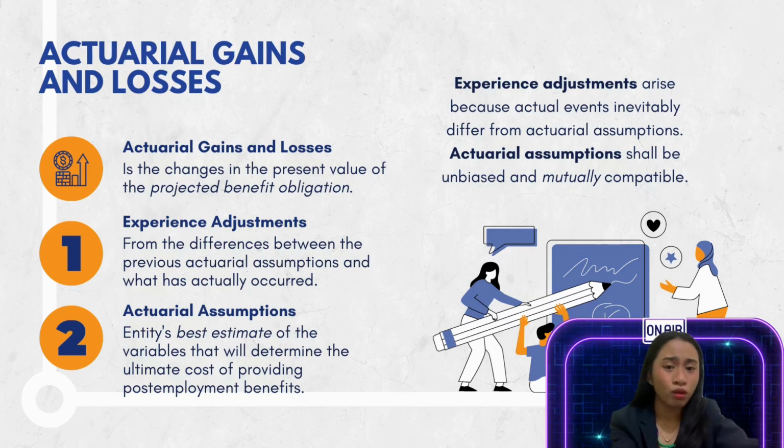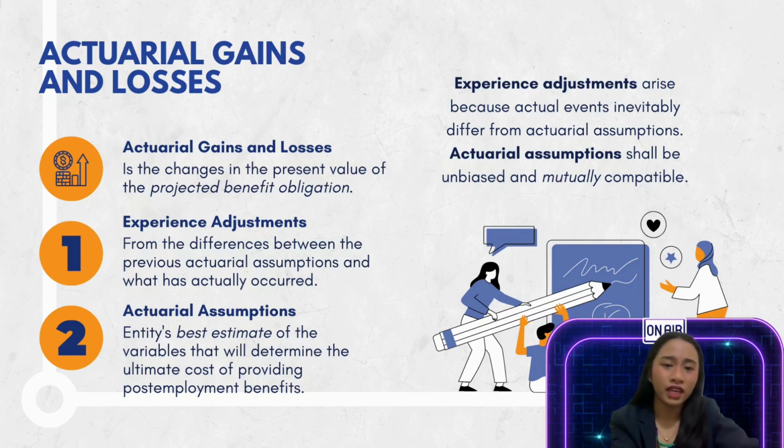Dahil nga ina-assume or ina-estimate lang ni actuarian ang pwedeng mangyari in the future, and maaari din siyang magkamali, ang tawag doon sa difference between the previous actuarial assumptions and what has actually occurred ay experience adjustments. Nagkakaroon ng experience adjustments dahil magkaiba ang actuarial assumptions sa actual events.